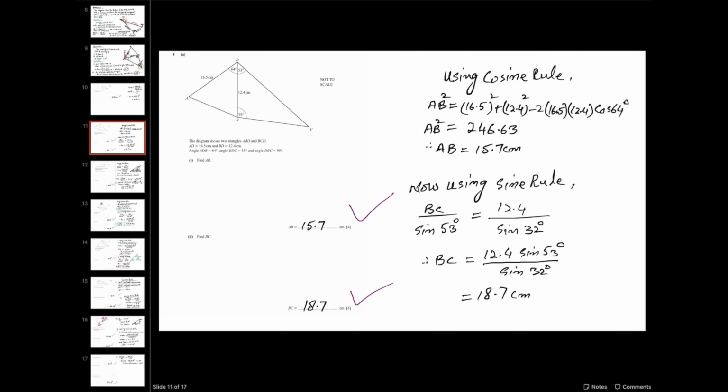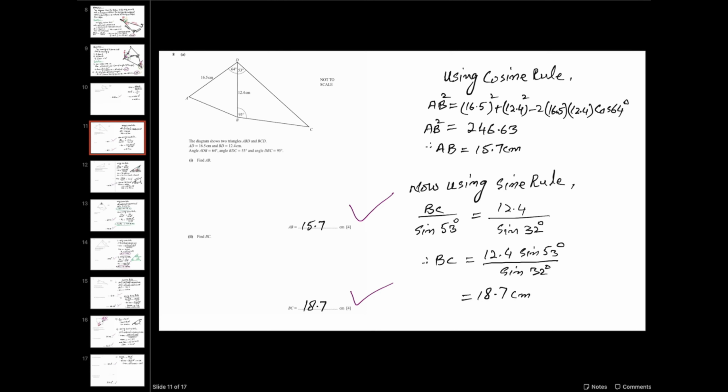Now we are going to find the side BC. Now I am using triangle BCD, and I am using sine rule for this triangle.